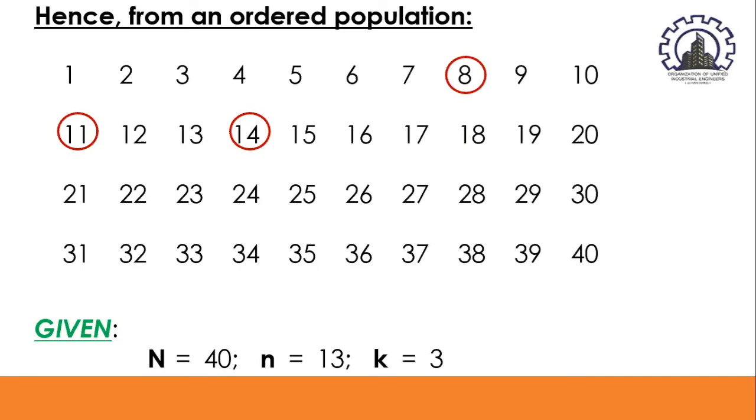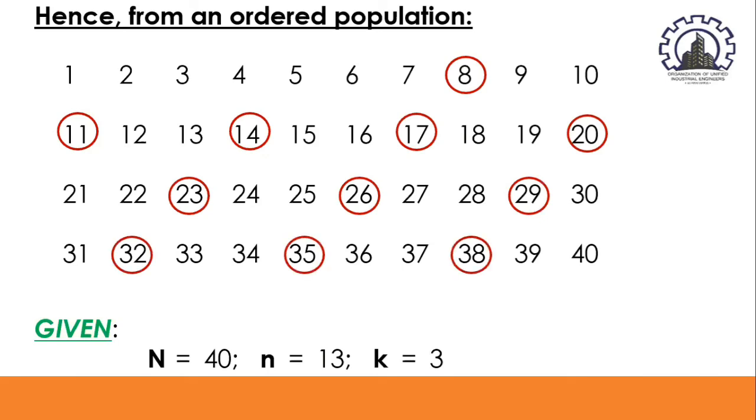And then student 17, student 20, student 23, student 26, student 29, student 32, 35, 38, student 1, and student number 4.